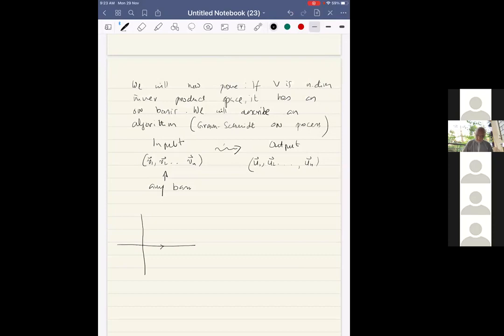The first vector is (2, 0). So this is V1. And the second vector is V2, which is (1, 1).